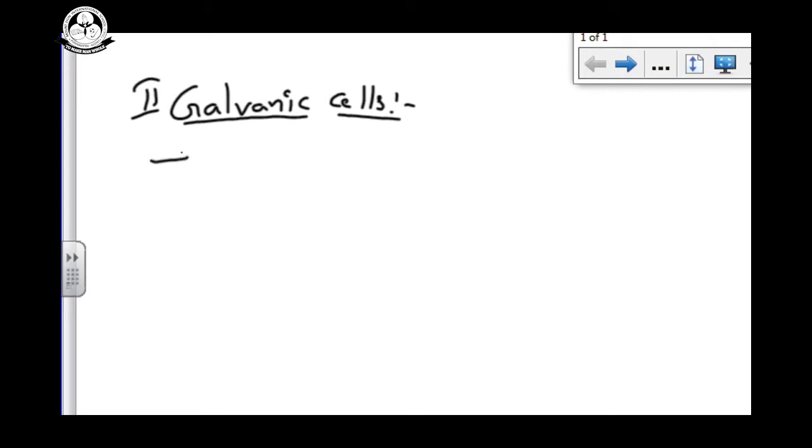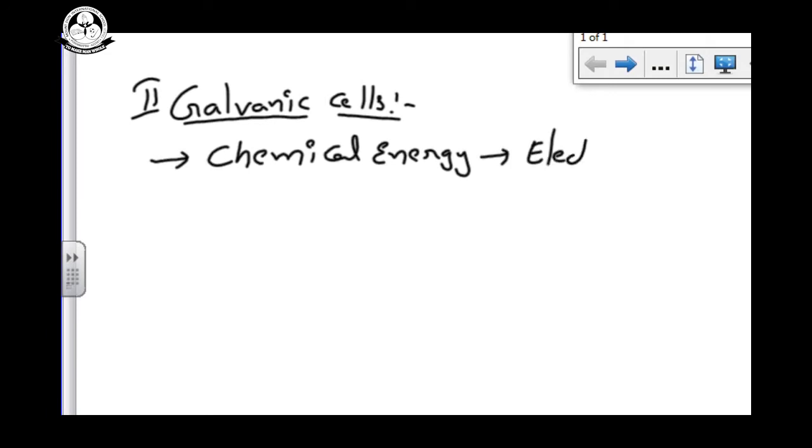In galvanic cells, chemical energy is converted into electric energy. Chemical energy is converted into electric energy.